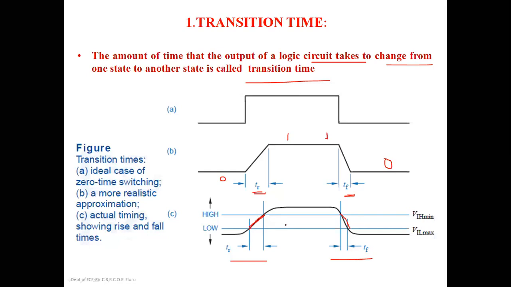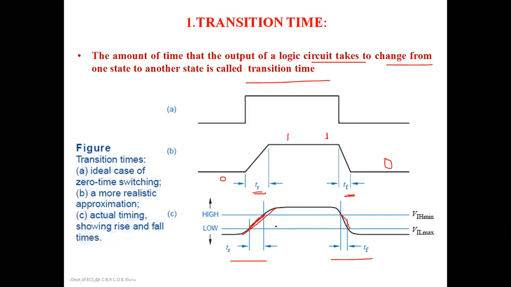Also, you can see in the beginning and end of the transition there is a smooth curve, which is not in figure B. In a realistic version, we don't have such sharp transitions.